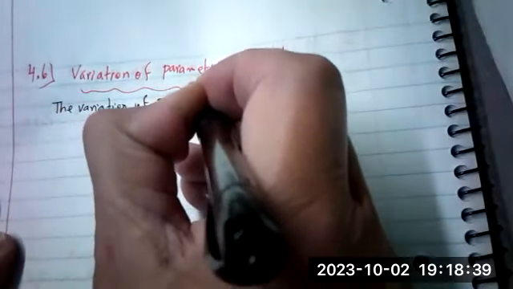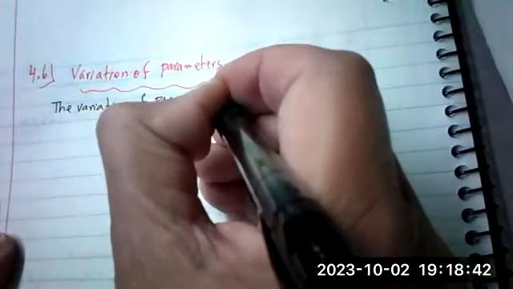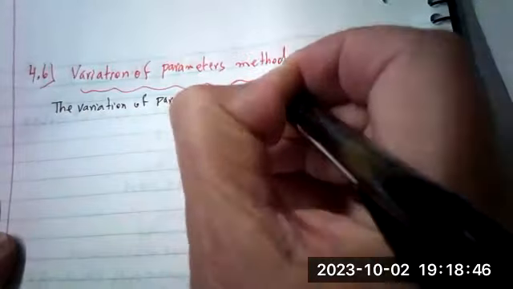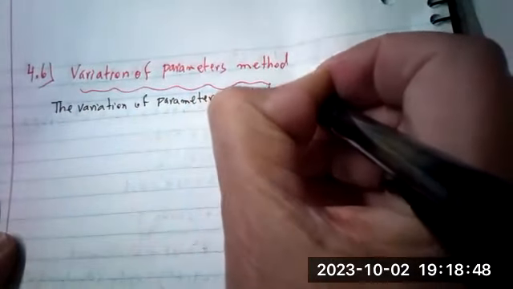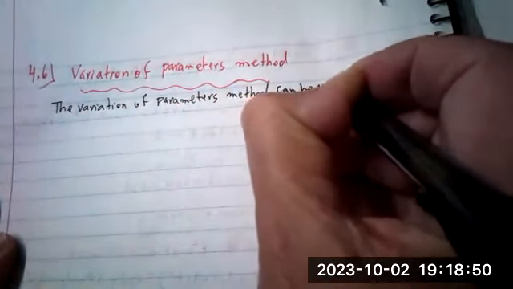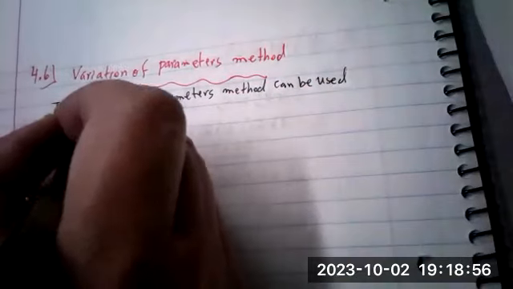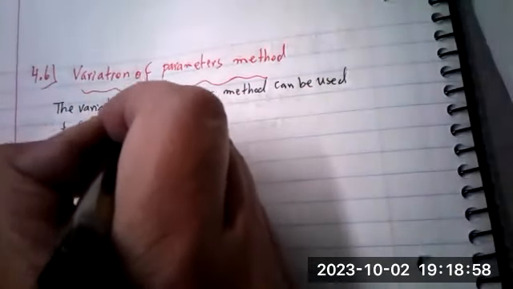Variation of parameters method can be used to find a particular solution, yp.